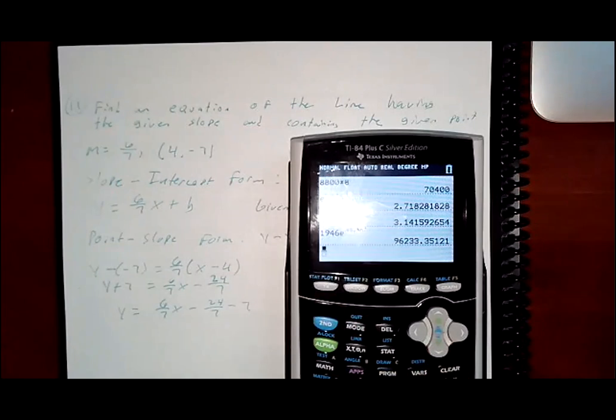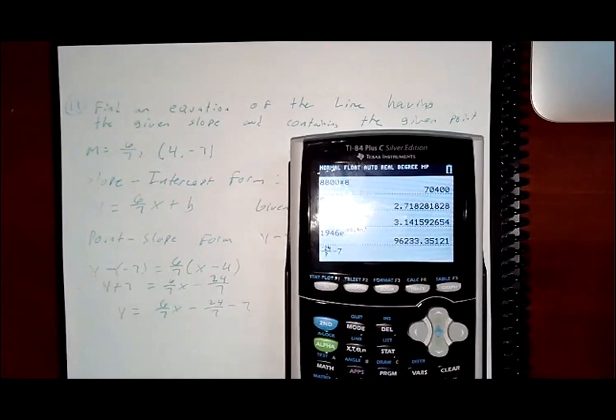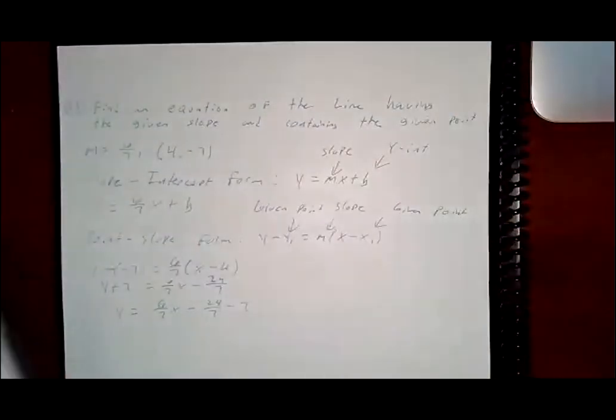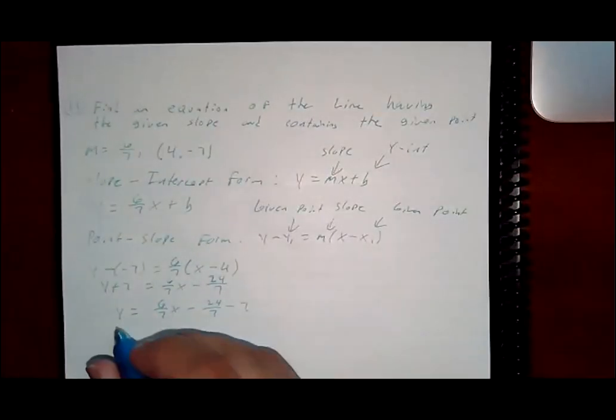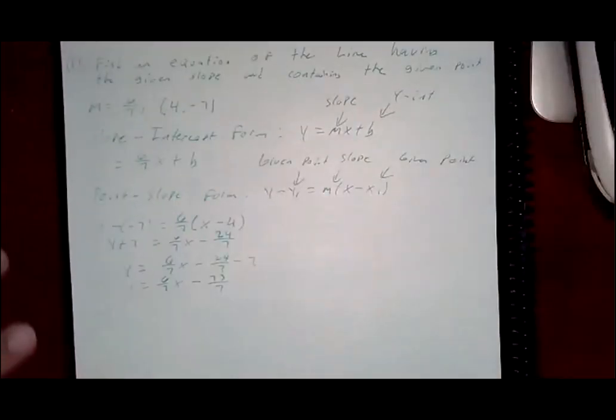So that'd be -24/7 minus 7. That gives me -73/7. So the answer would be 6/7 x minus 73 sevenths.